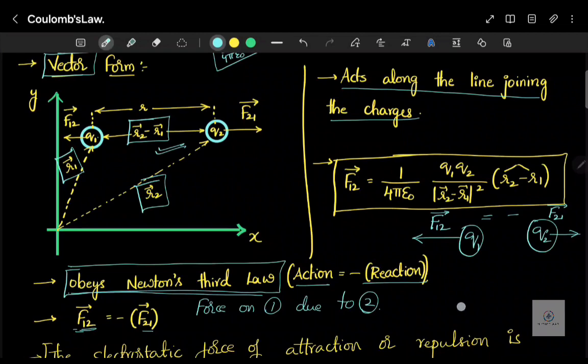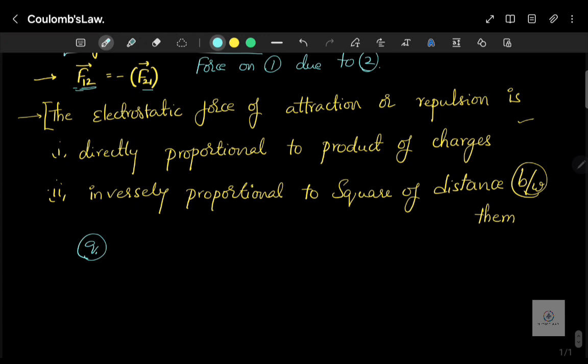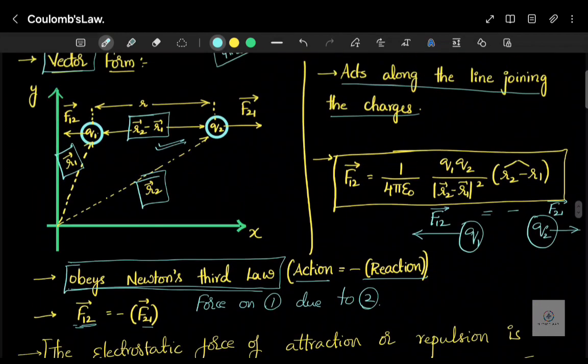For example, if you take, there are two charges, one is Q1 is here and another one is Q2 here. Is that okay? Then Q2 will repel this along the same line where those both are joined. Okay. Q1 also will repel the Q2 along that same line. Okay. So this force of attraction or repulsion will take place along the same line. Is that okay? Along the line joining the two charges.